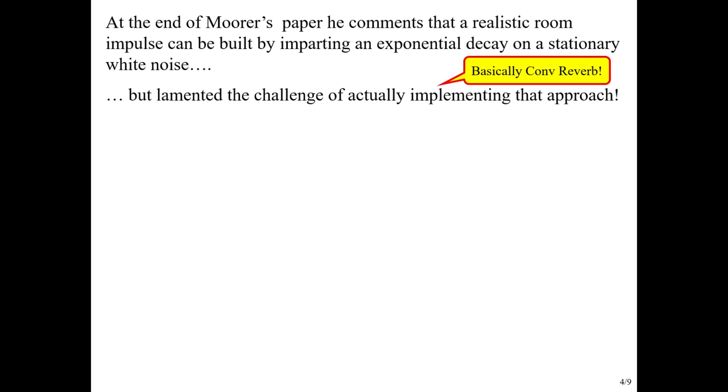And if you're going to do that, why not just measure an actual room and then implement it? You'd be better off. So he kind of said, gee, that's kind of interesting, but it's not really taking me anywhere.